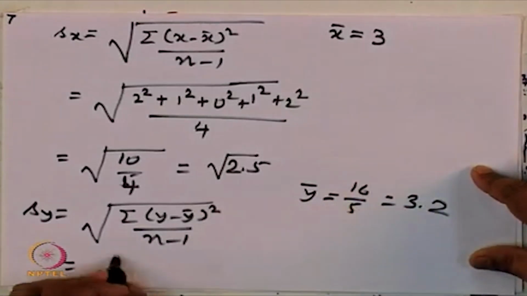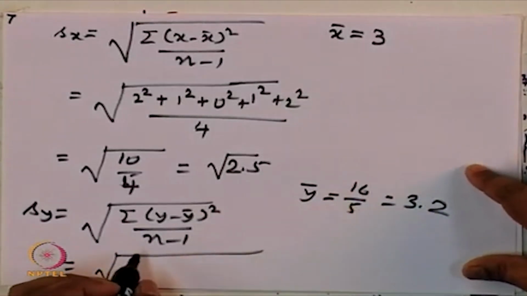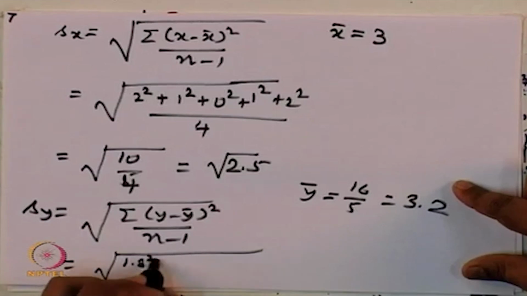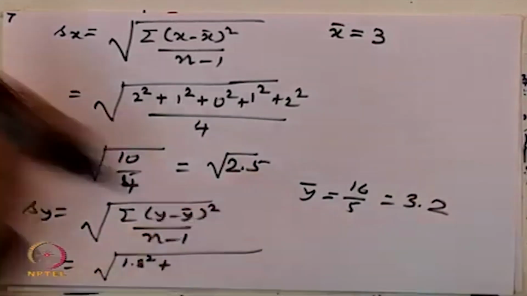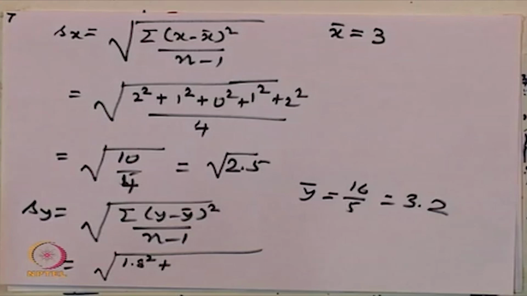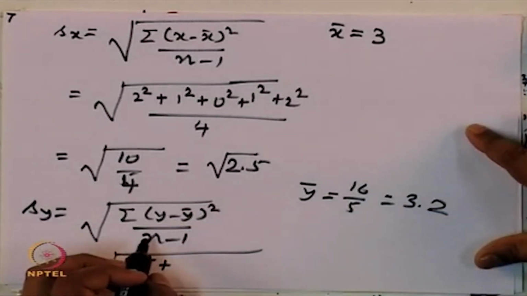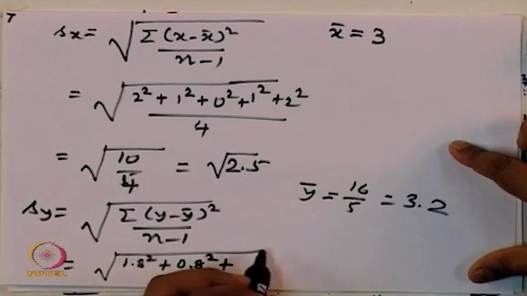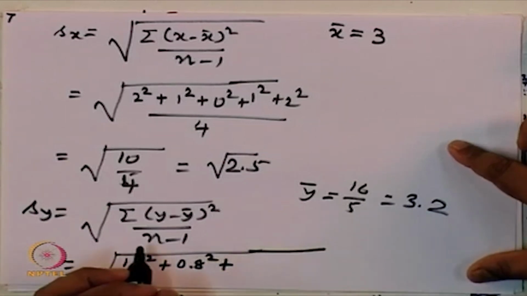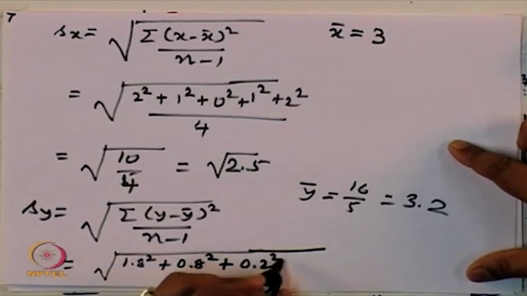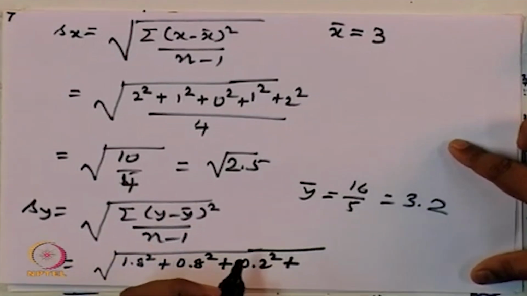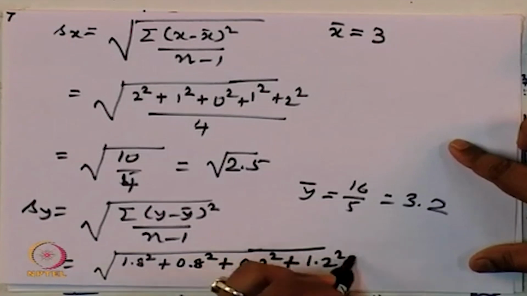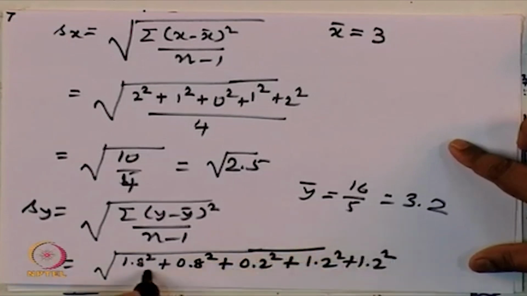So, s y, okay, 1.8 whole square plus 0.8 whole square, okay, 0.2 whole square plus 1.2 whole square plus 1.2 whole square, whole divided by 4.